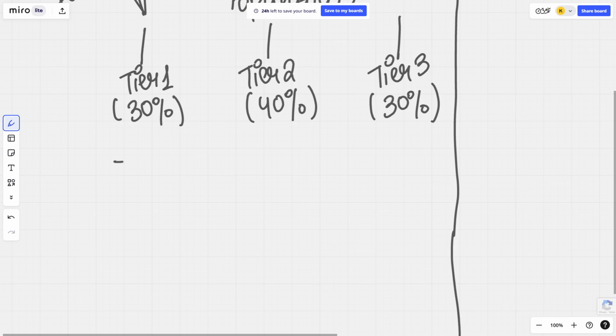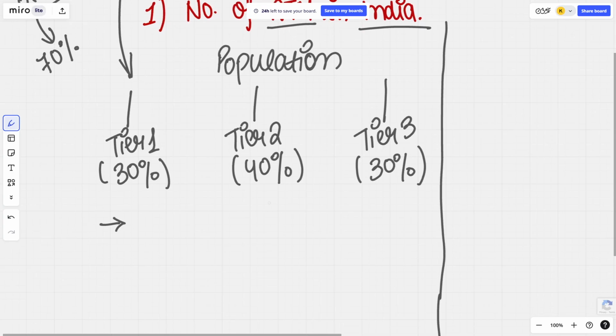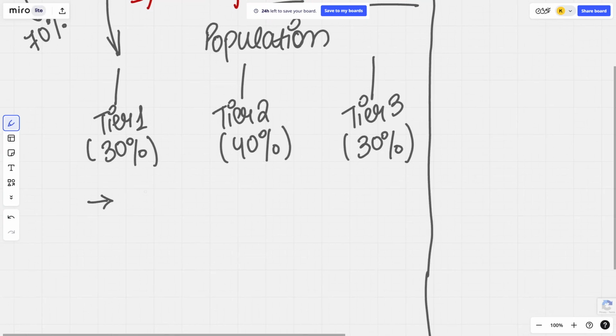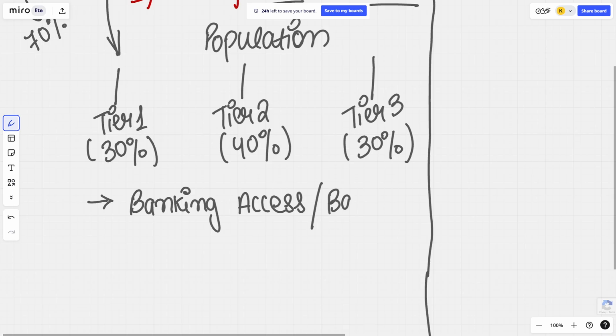Now we will be adding filters by which we can filter out the people who will not be using ATMs. Let's start with banking access, or let's say bank account.